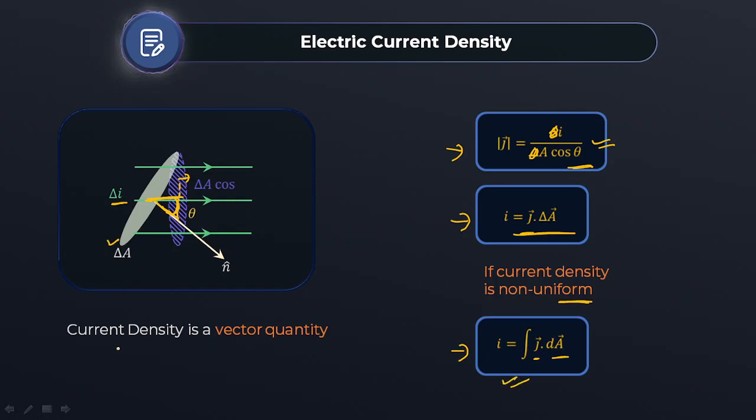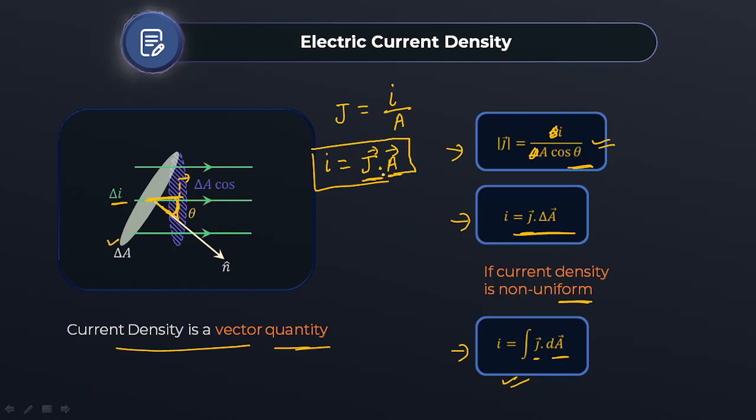So current density is a vector quantity, and we can just remember J equals I by A, or I equals J dot A. Simple, because the area vector is a vector quantity and J is also a vector quantity, so we can just take the dot product. Clear to everyone? Simple, easy. If it is at some angle, then we can take A cos theta.